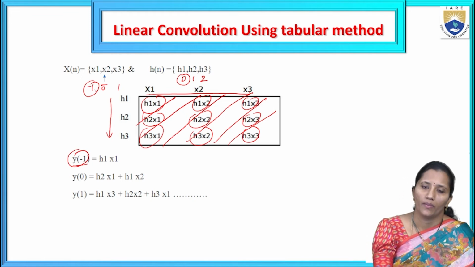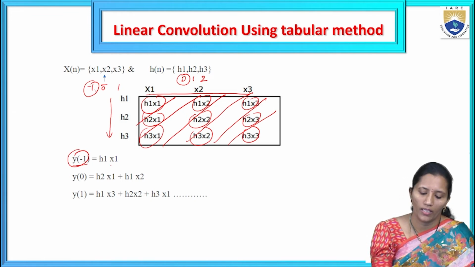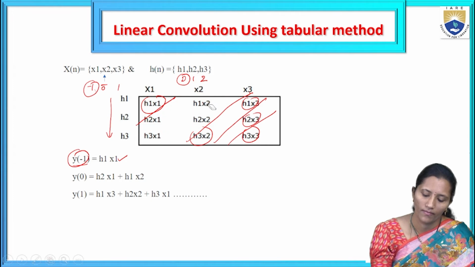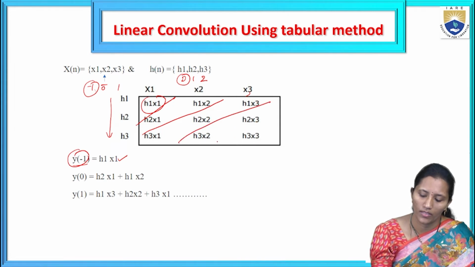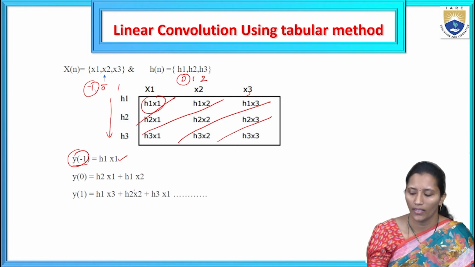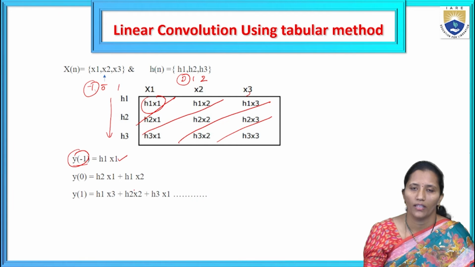For y of minus 1 it is x1 h1, for y of 0 it is x2 h1 plus x1 h2. These three samples we have to draw as diagonals like this and add the corresponding products.